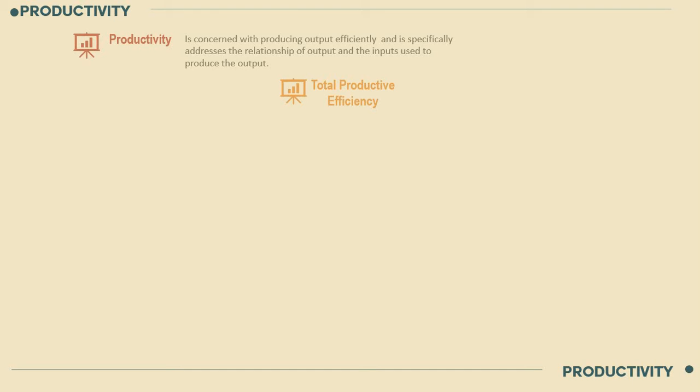Then we have total productive efficiency. Total productive efficiency is the point at which two conditions are satisfied.